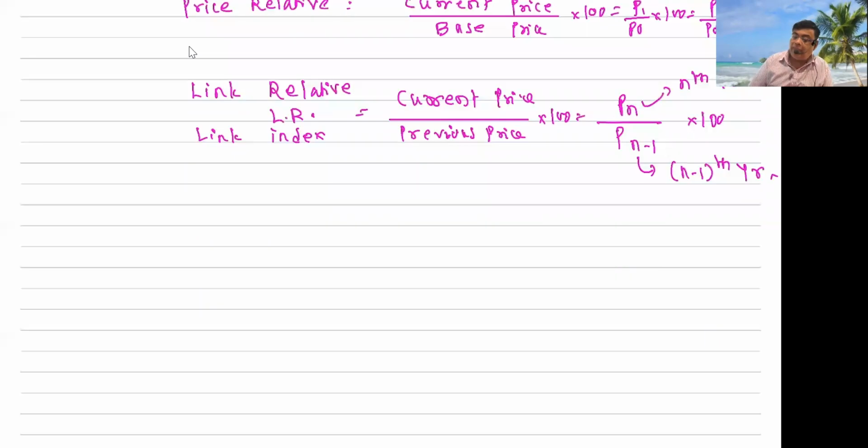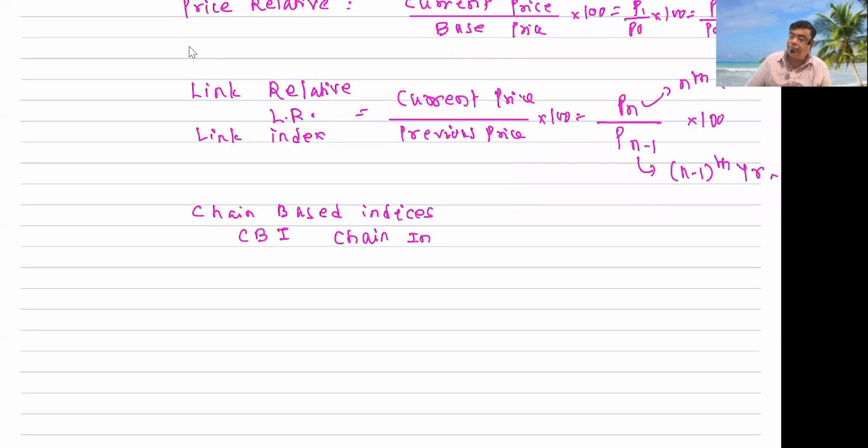वेरी गुड. And then remember chain-based indices, CBI. The chain-based indices CBI means chain index.